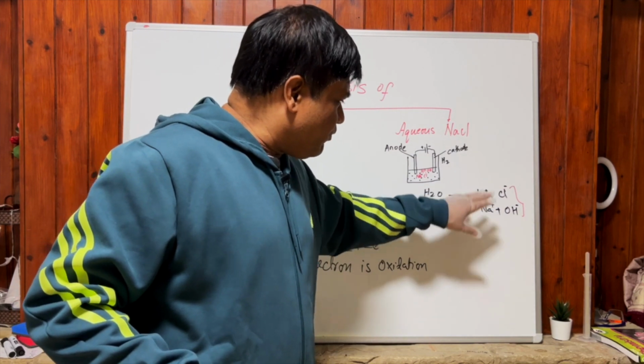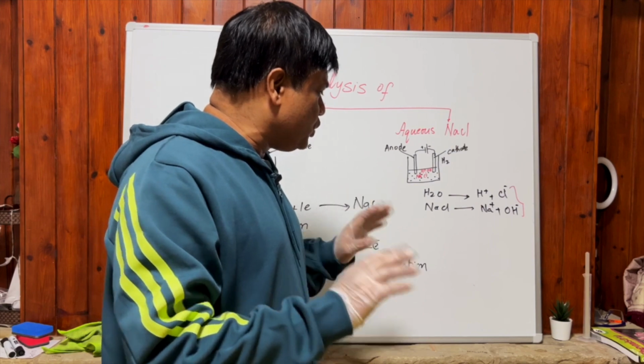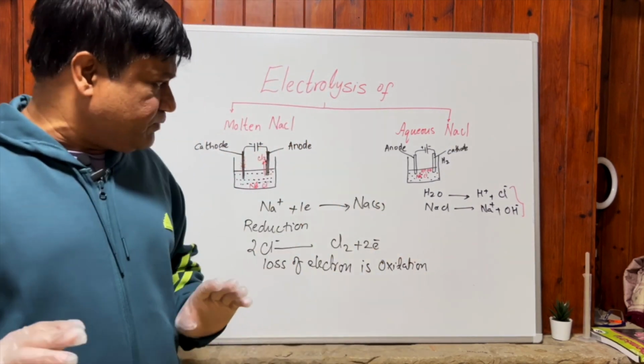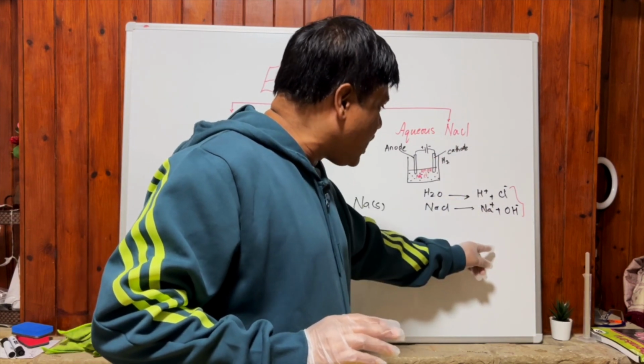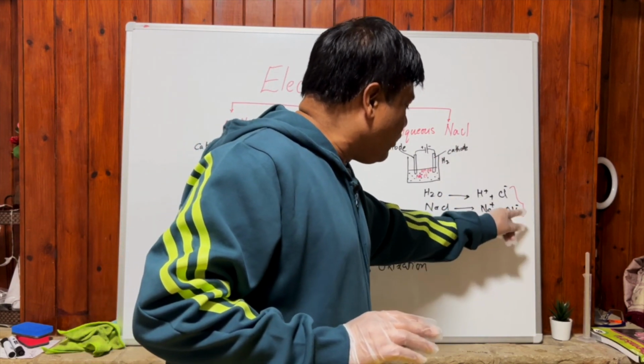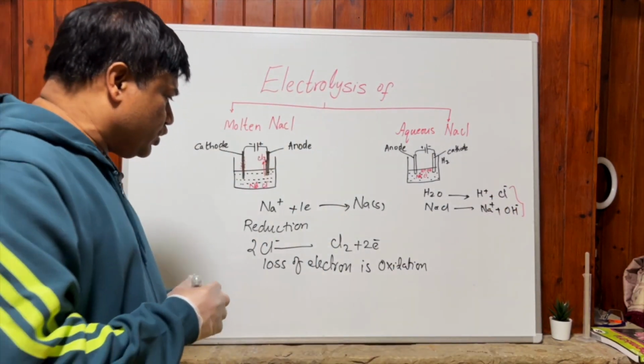So whenever we have any two negative ions in competition, the one which has no oxygen will be discharged in place of the ion which has oxygen. So who will be discharged at the anode?